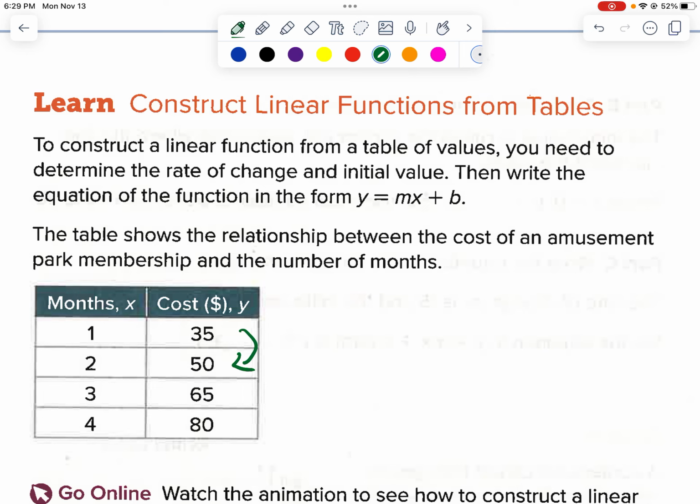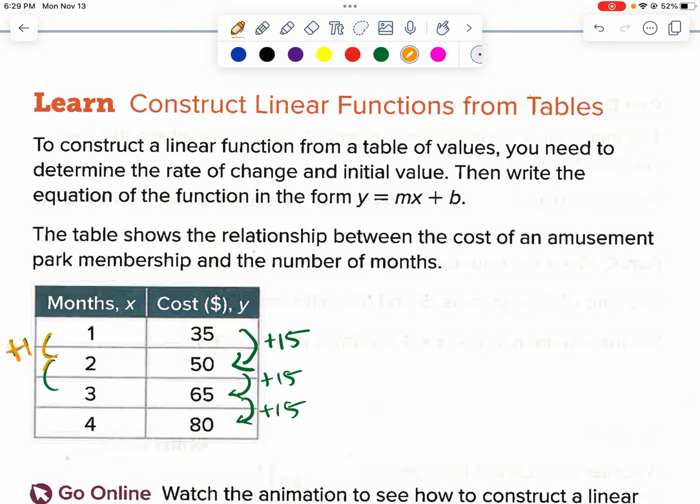Okay, it says the table shows the relationship between the cost of an amusement park membership and the number of months. So from here to here, we add 15, add 15, add 15. This went up 1. Oops, I'm supposed to do it in this color.